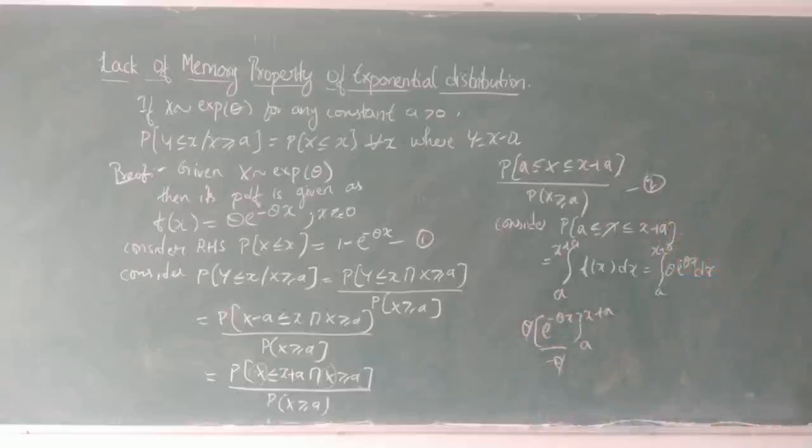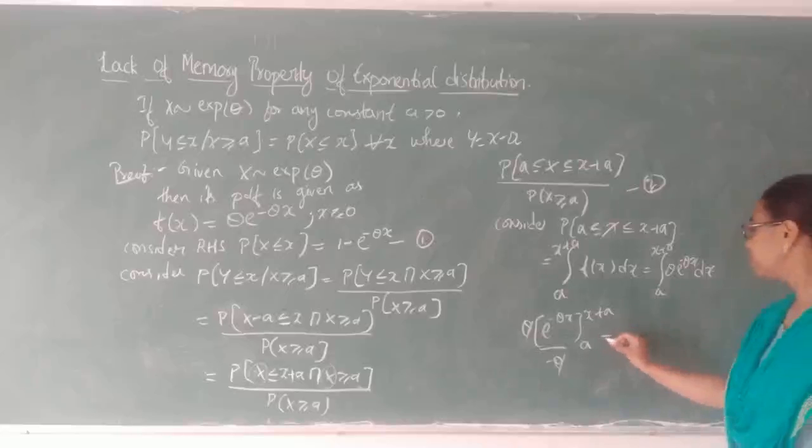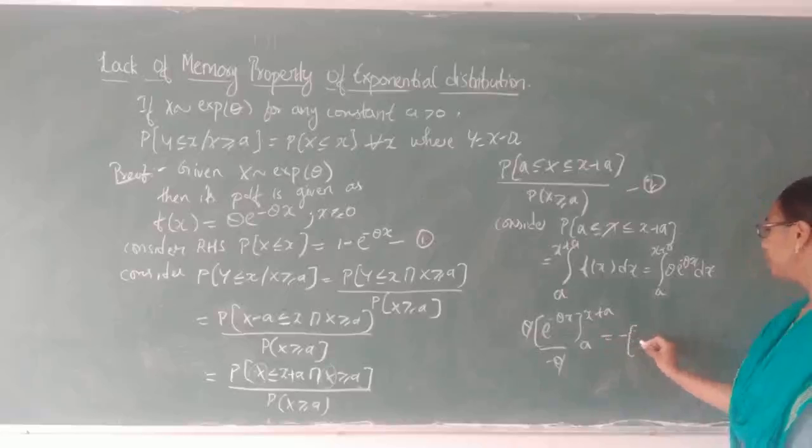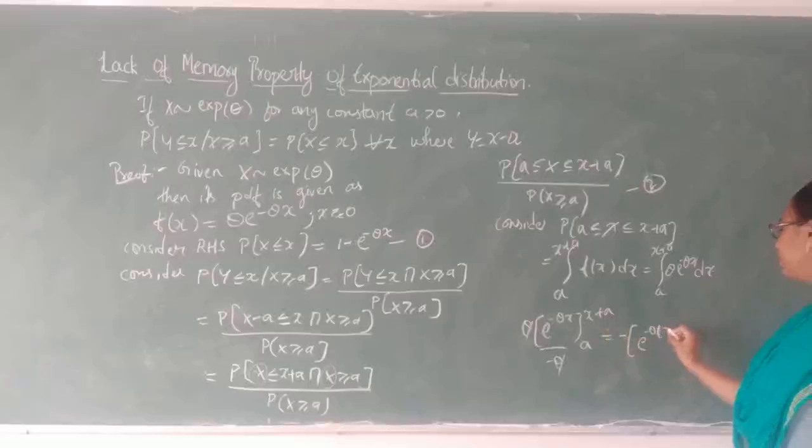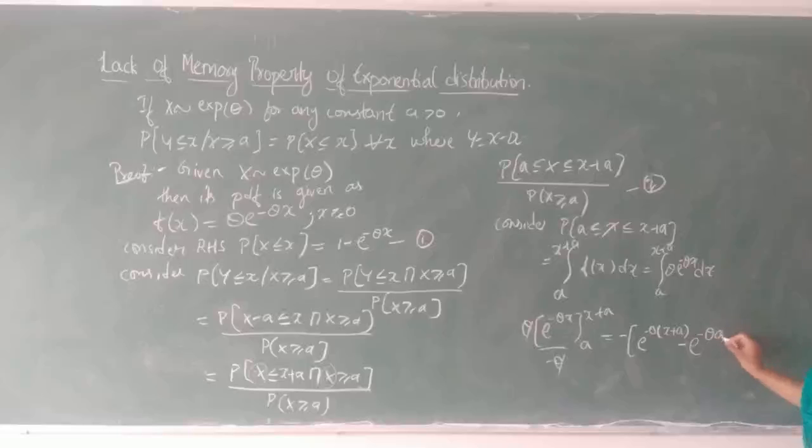Now apply the limits, upper limit minus lower limit, which equals minus of e power minus theta into the upper limit x plus a, minus e power minus theta into the lower limit a.